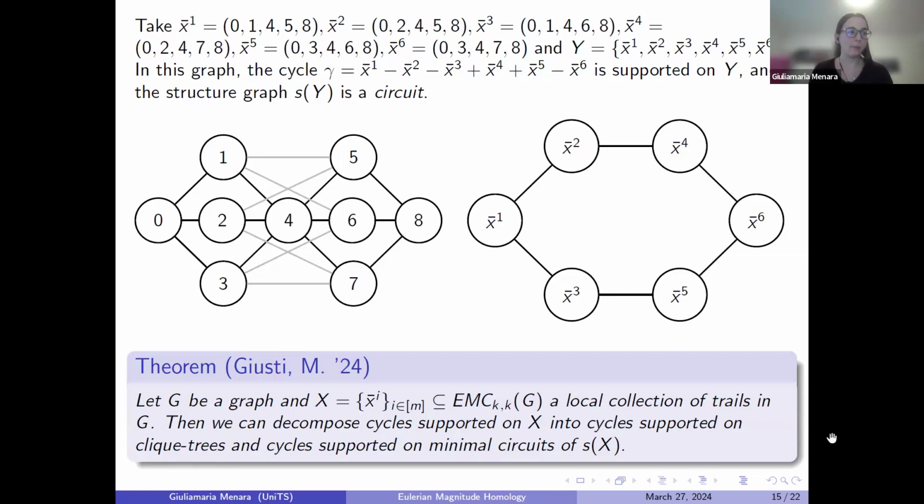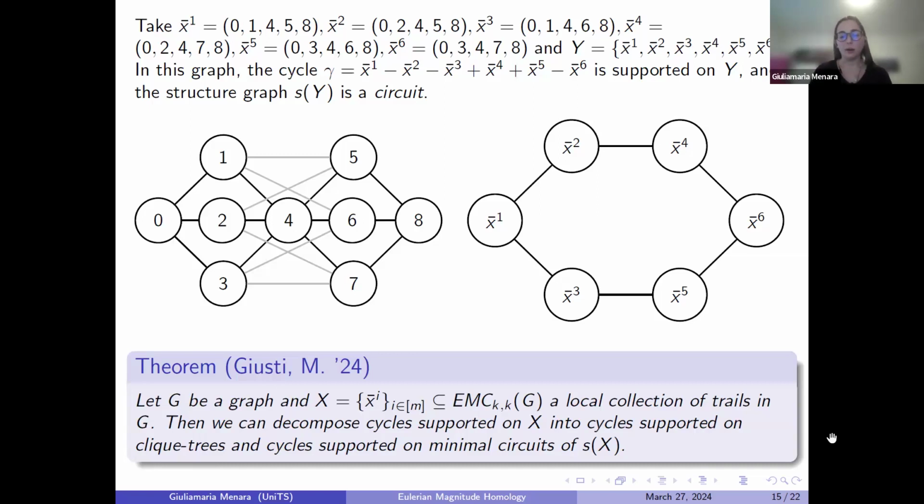This is maybe a bit technical, but it's a complete characterization of what kind of families of graphs induce Eulerian homology cycles.